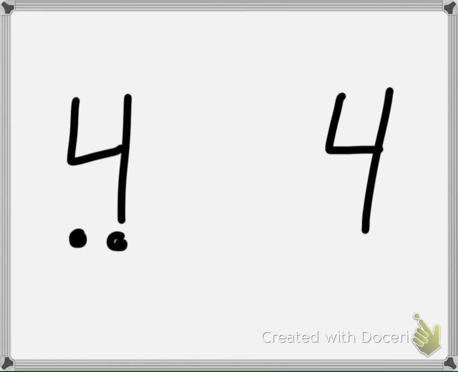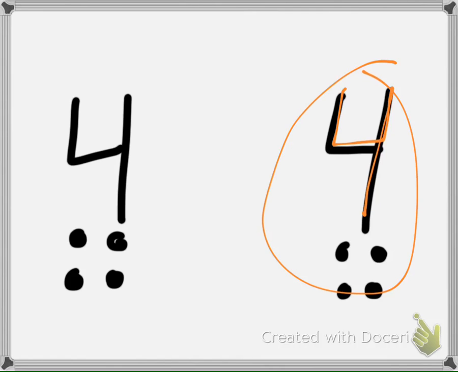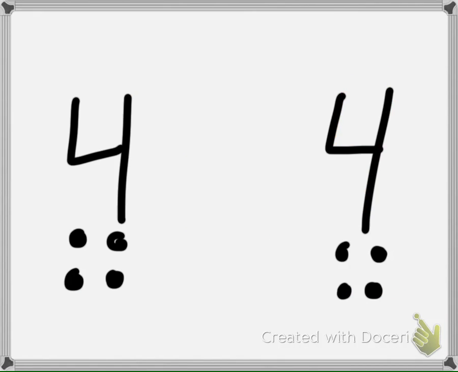This one's got 4 dots, and this one has 4 dots. So it's not because Mr. Merrill made this particular 4 longer. No, that's not the case. When it comes down to it, there's 4 dots here and there's 4 dots here. So tell me, which one do you think is greater?